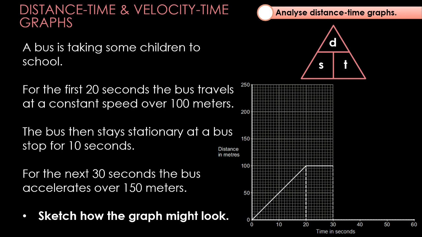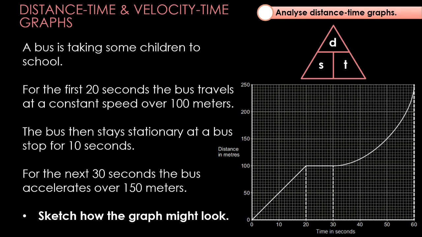The next 30 seconds, the bus accelerates over 150 meters. If anybody actually got this, I'll be very impressed. What we would have here, in fact, would be a curve. Now, this curve shows that it's accelerating. Its velocity is increasing. This first line we had here was for a constant speed, so the same amount of distance being covered each second. When something is accelerating, its velocity is increasing.